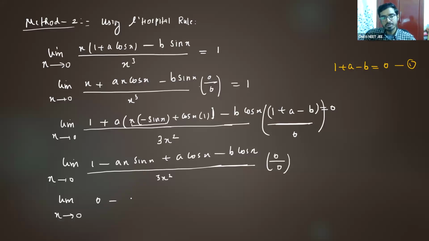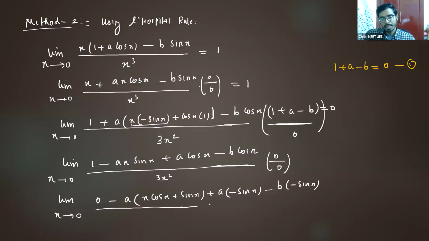So differentiate, this will be 0. x sin x, so x into cos x plus sin x. Derivative of cos x is minus sin x, whole divided by 6x. Now when you apply the limit, it is of the form 0 by 0, right? Because 0 into cos 0, sin 0, everything is 0.